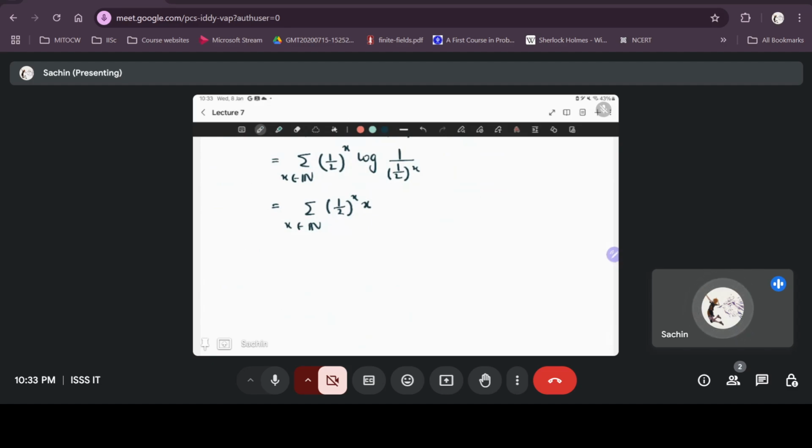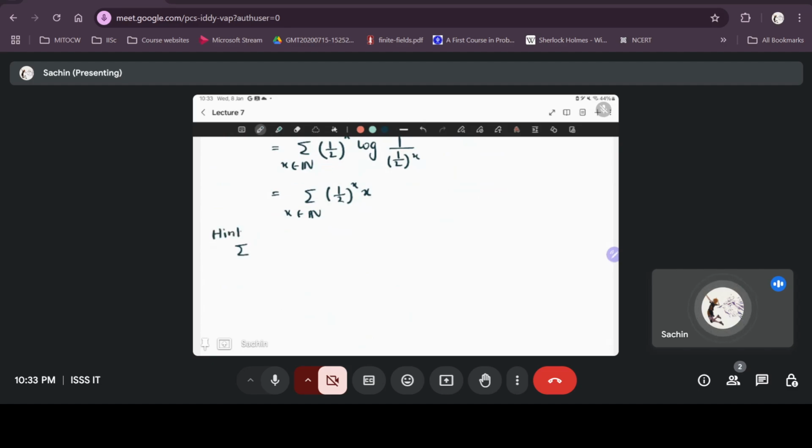And this is a geometric series. Sorry, this is not a geometric series, but the textbook gives you a formula to calculate the sum.